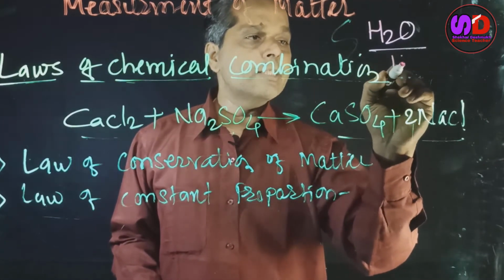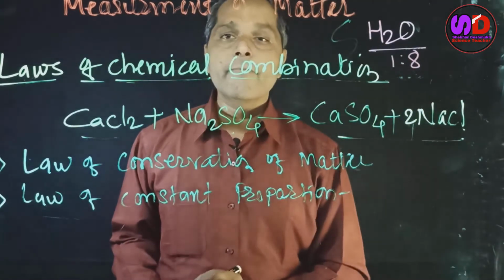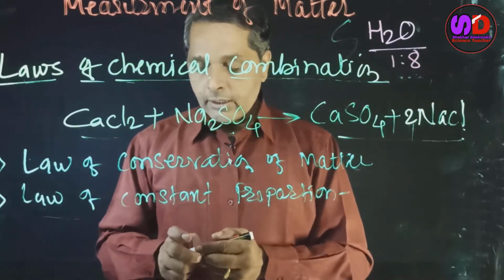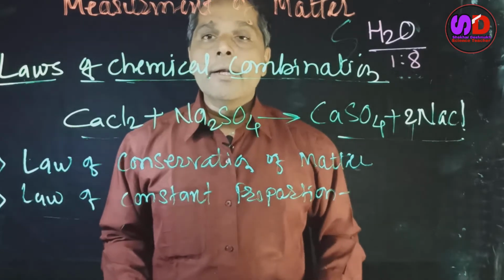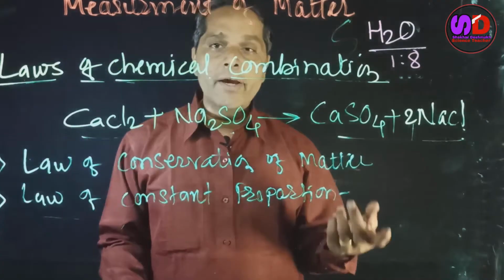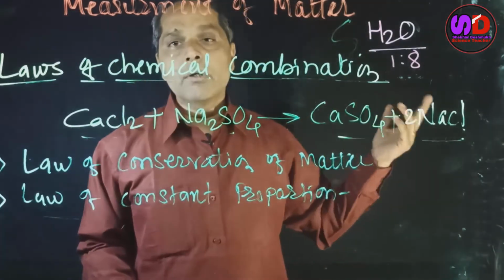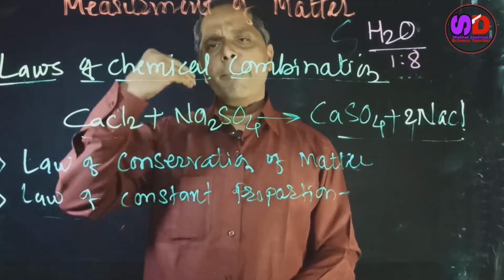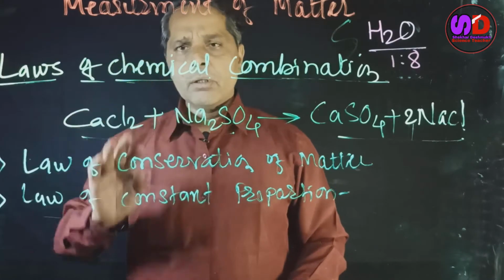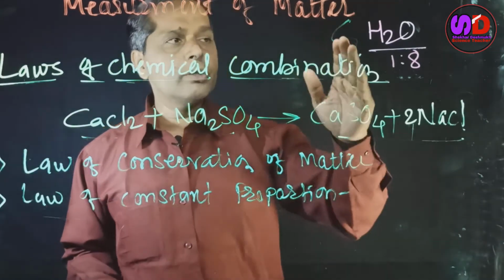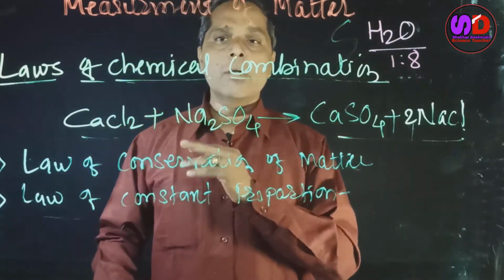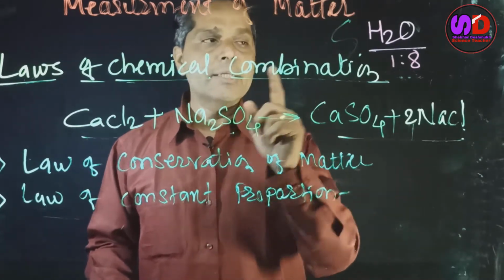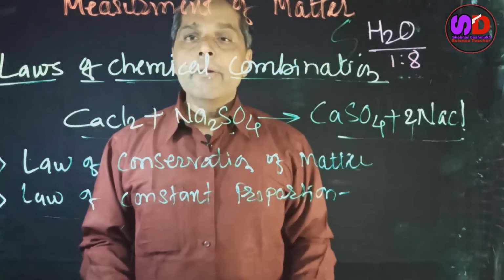Here it is a 1:8 proportion. That means if we take water from a well, from a river, or from any source, the proportion of hydrogen and oxygen in that water molecule is always 1:8 by weight.